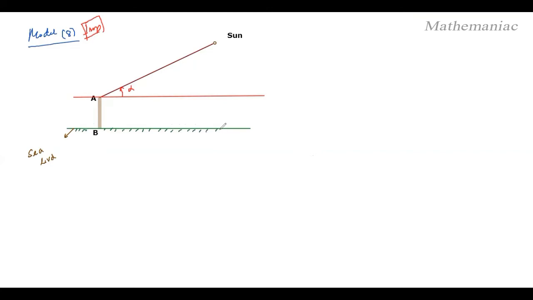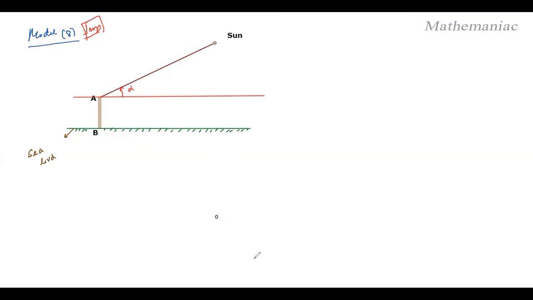So the top surface is the plane mirror, and you know that a plane mirror always reflects the object in such a way that image distance and object distance are the same. So whatever distance there is from here, similarly below at the same distance you will get the image of the sun. Suppose this is the image of the sun.